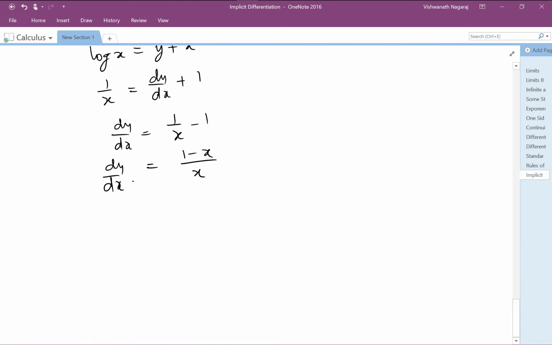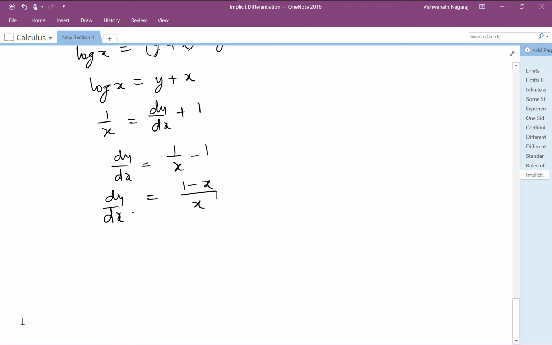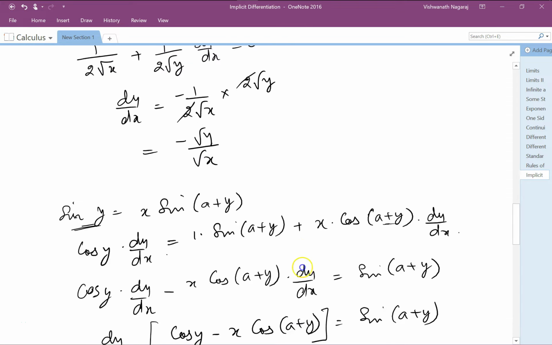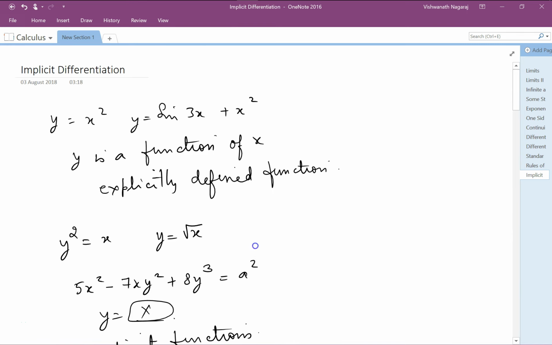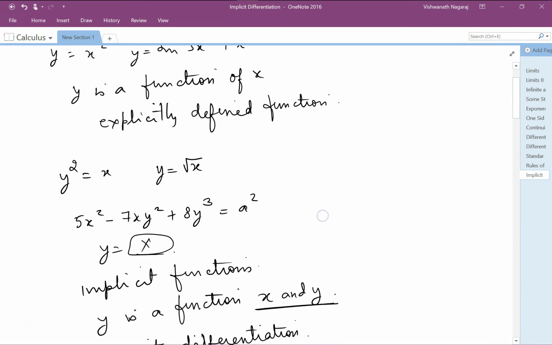Follow the same rules of differentiation for both x and y, but you have to be careful. Say for example, here in this case, y square is equal to x. Now when you are converting it into this, remember this is going to be plus or minus.